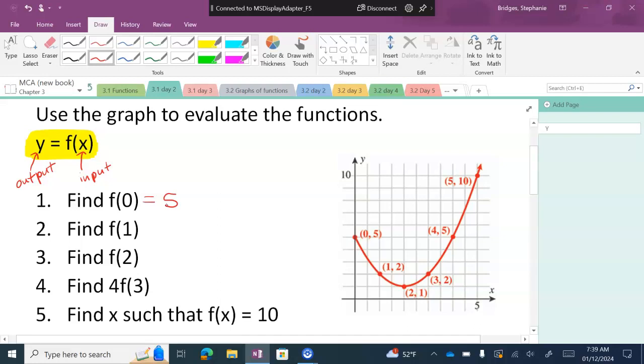So find the ordered pair that has an x value of 1. Whatever that ordered pair's y value is what f of 1 is equal to. And then you're going to find the value of your function when x is 2. So we're looking for the ordered pair where our x is 2, and that is going to be equal to whatever the y value is for that ordered pair.